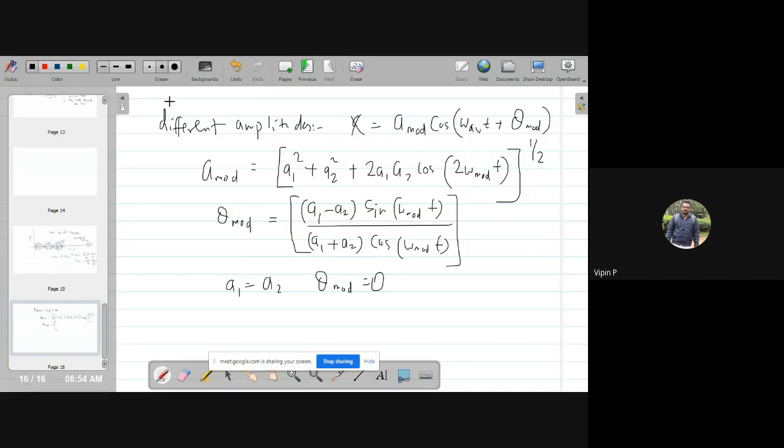If it is the same amplitude, the equation would be x equals A mod cos omega average into t. That's all. No theta mod. So you can always see that if A1 is equal to A2, this expression goes back to the earlier expression. These are the expressions that we have. Any questions right now?